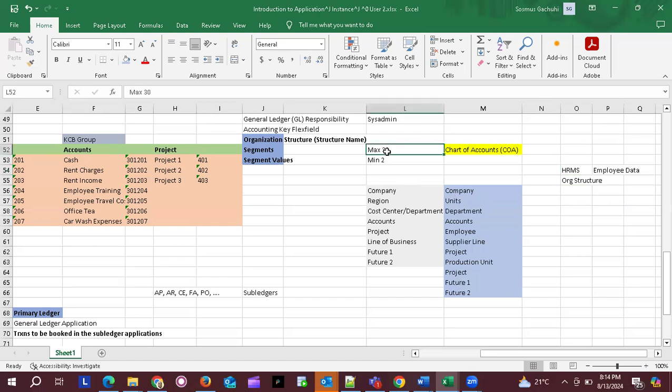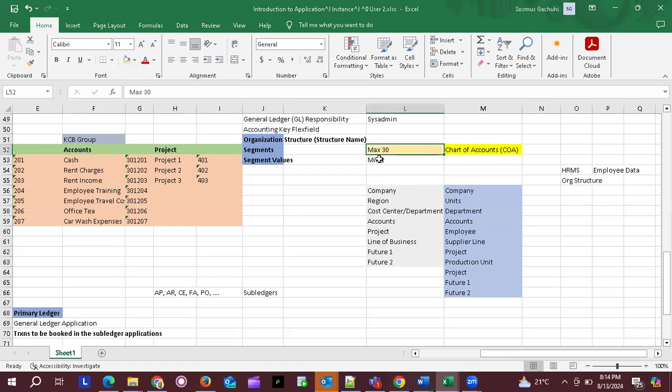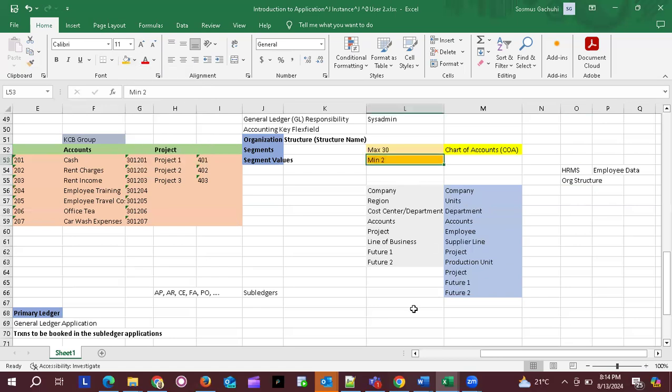You can have a maximum of 30. The limit is 30 and you have a minimum of 2. For those 2, it's upon you to advise the business which 2 segments to use. But there is something I want to discuss more where we will be able to get the answer of the minimum you can use.